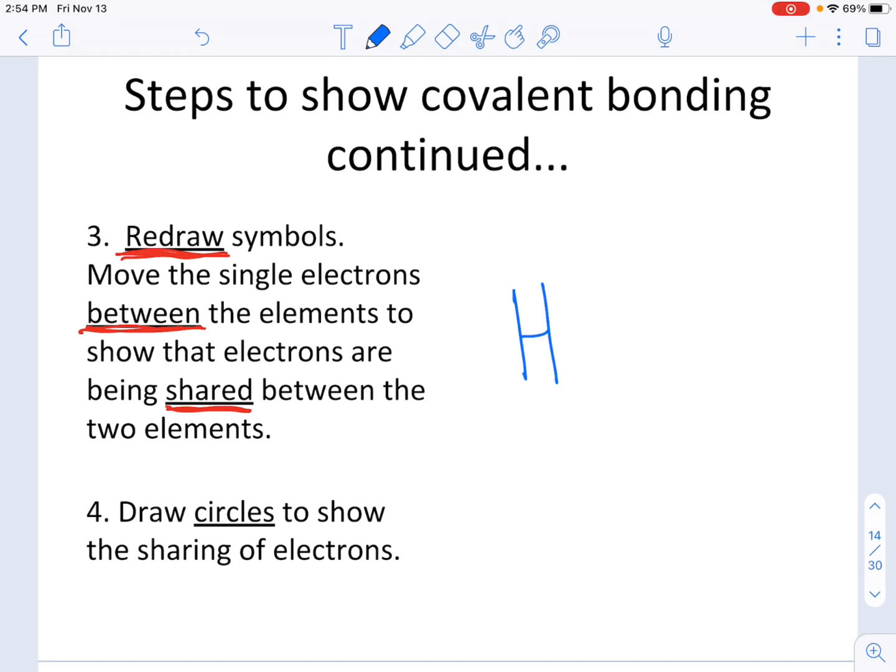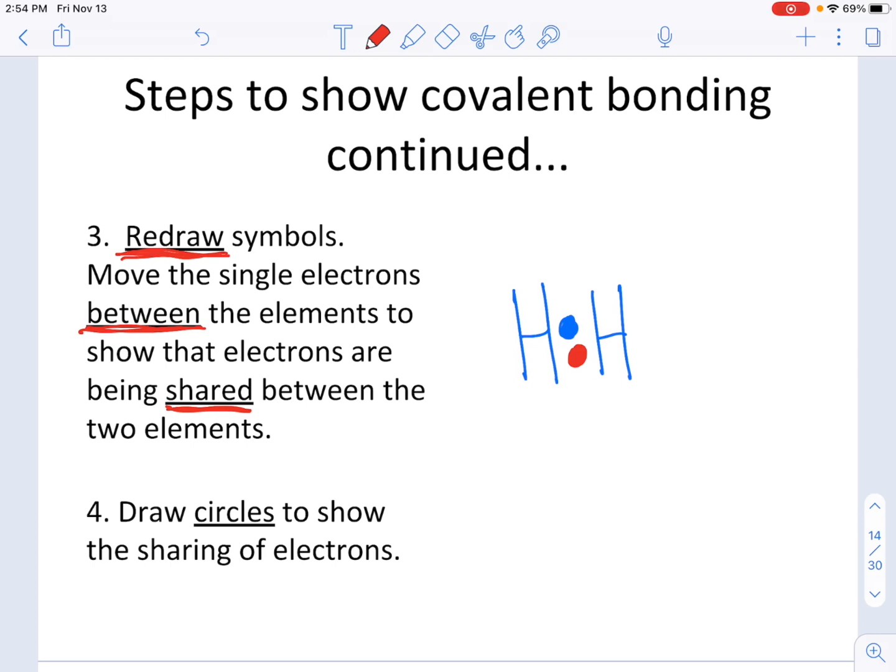So what I'm going to do is draw my hydrogen with the dot on this side. I'm going to put my other hydrogen right next to it, and that one was a red. I'm just drawing them so the two electrons that are being shared are right next to each other.